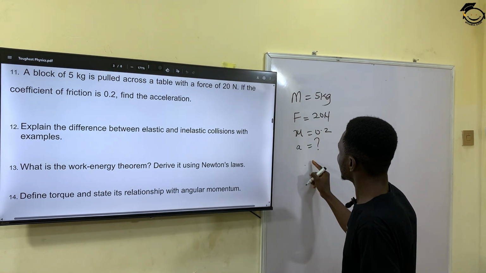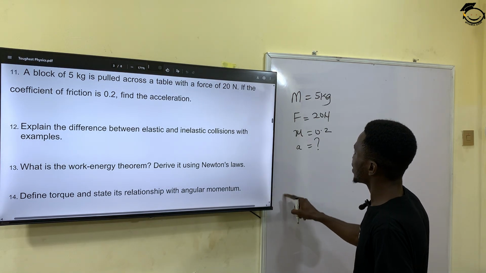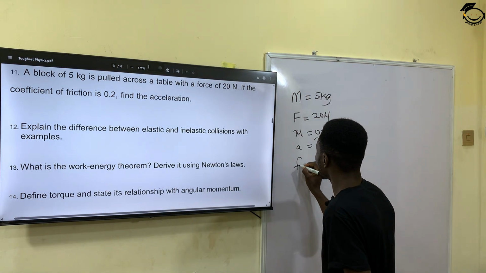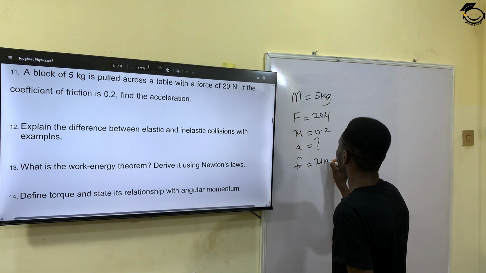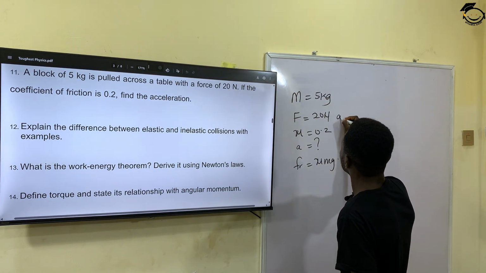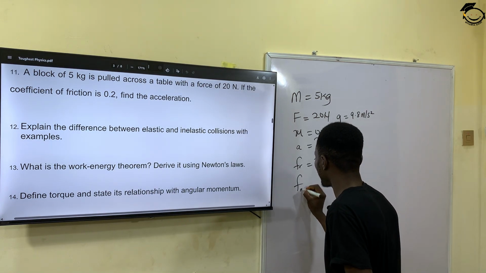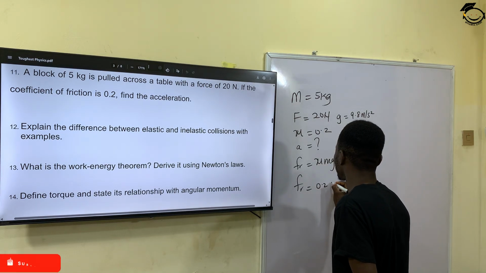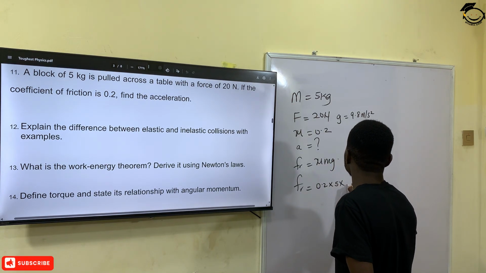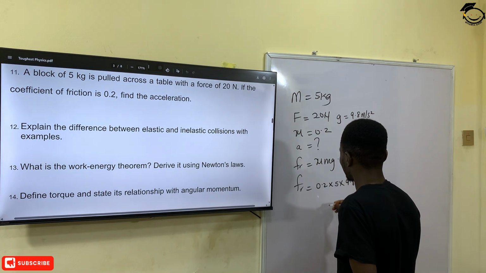Now we have to find the frictional force. So the frictional force Fr is mu mg, and my g is 9.8 meter per second square. So my frictional force, Fr, is 0.2 times 5 times 9.8.